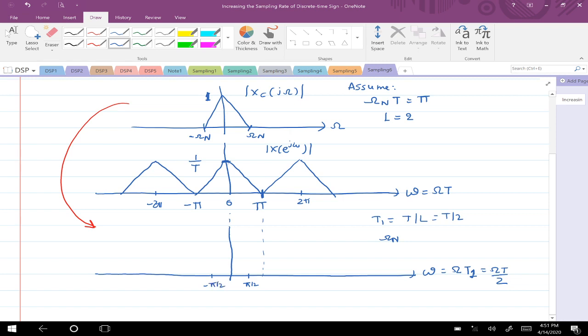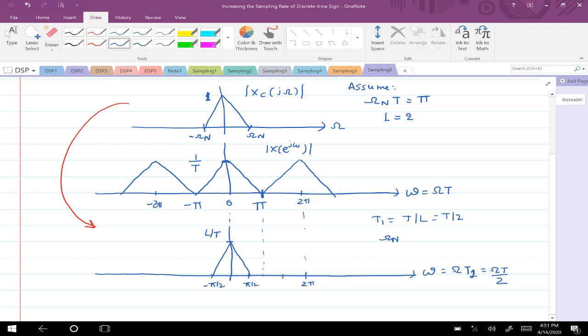Okay, and what about its magnitude? Its time period is T by 2, so 2 by T, or if I generalize that to be L, this obviously would be equal to L by T. Okay, when it is L equal to 2, that would be 2 by T. So that's how it is, and it's periodic with the periodicity of 2 pi, again near 2 pi.